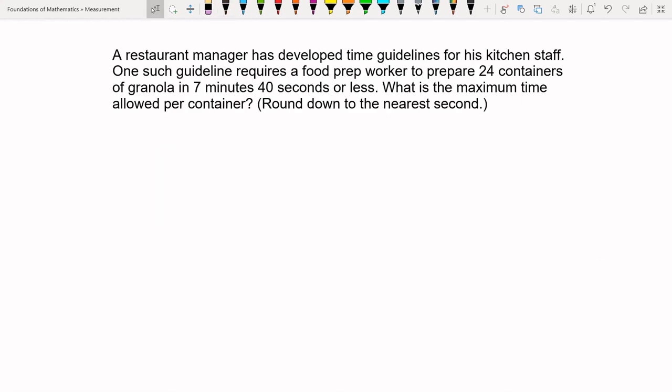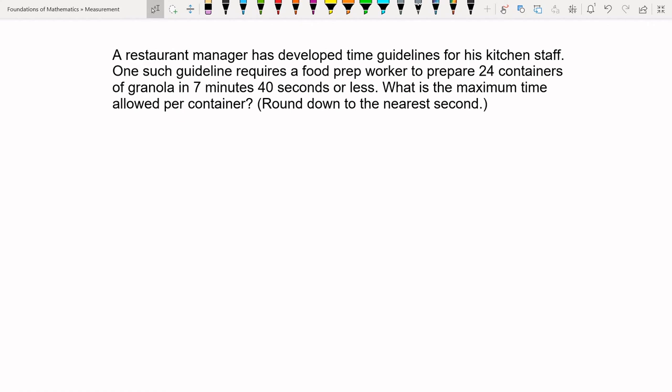All right, this one's a little bit different. We're still going to use the unity fractions, but here we're trying to figure out the maximum time allowed per container. So we're actually trying to find a rate here. We're not converting from one unit to another, we're just doing a division to find a rate.